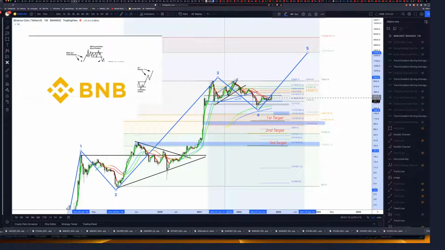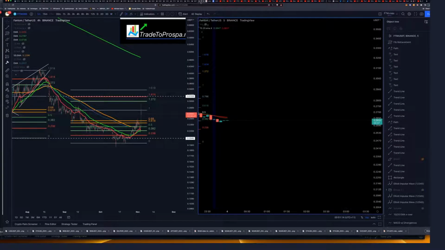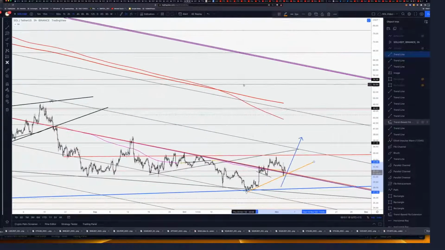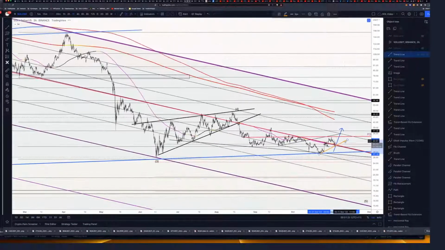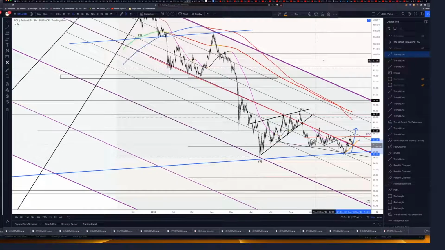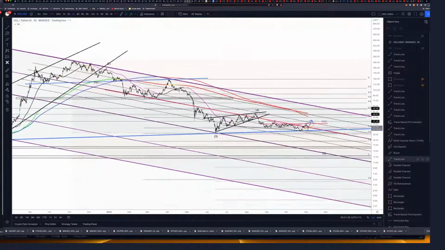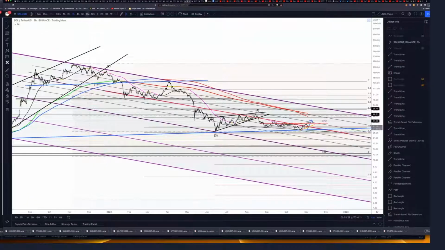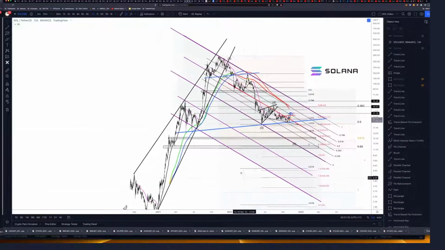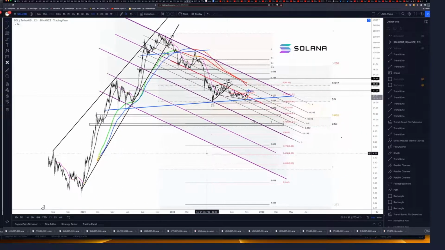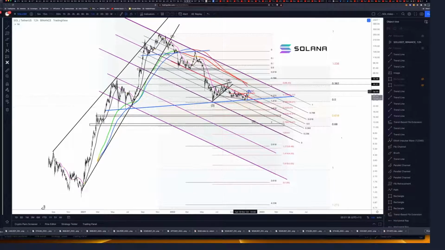And I'm not going to go through all those. Let's see FTM the last bit. Okay. Solana's in a channel, in my opinion. You can see how I'm looking at this, and we've got this neckline.